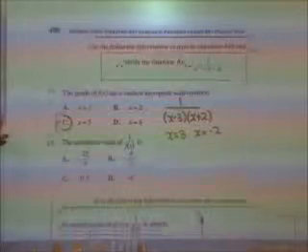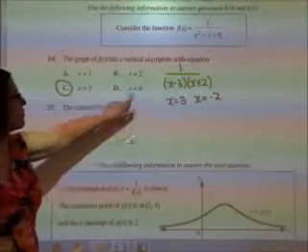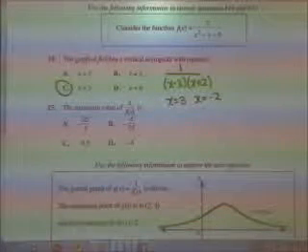Okay? And then question 15 says the minimum value of the reciprocal. So 1 over f of x.